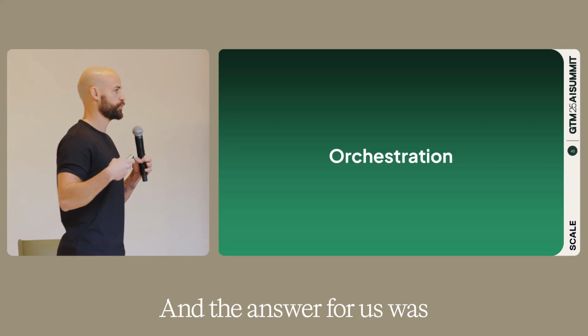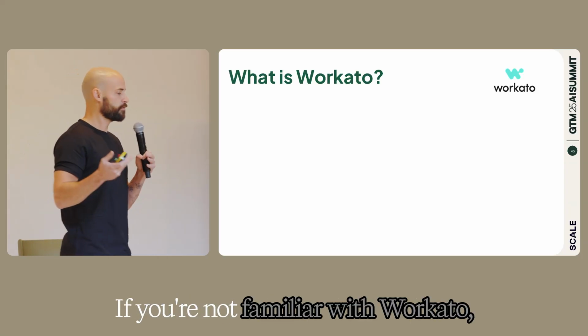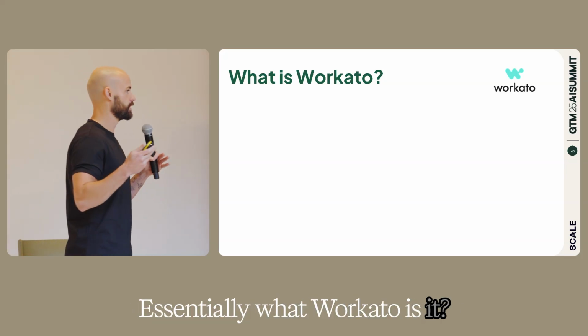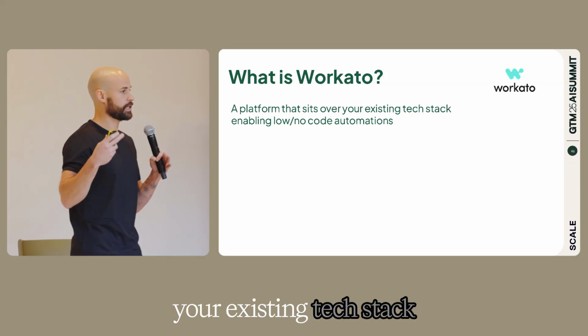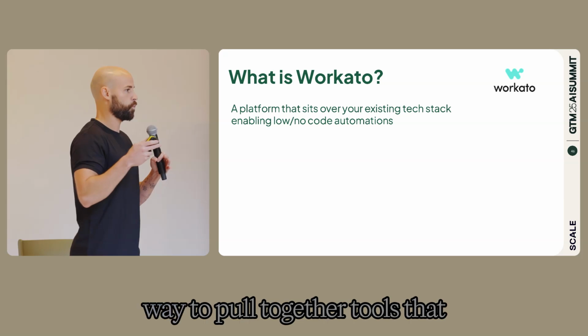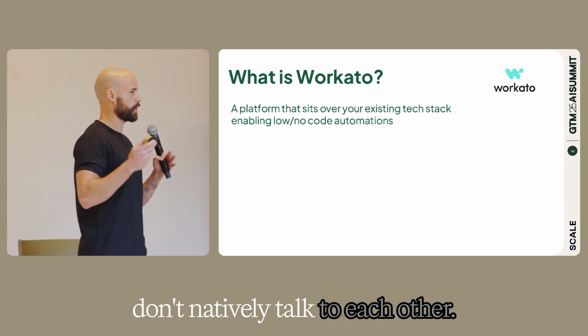And the answer for us was using orchestration, and specifically a tool called Workato. If you're not familiar with Workato, maybe you're familiar with Zapier. Essentially, Workato is a layer that sits over your existing tech stack, and it provides a low code, no code way to pull together tools that don't natively talk to each other.